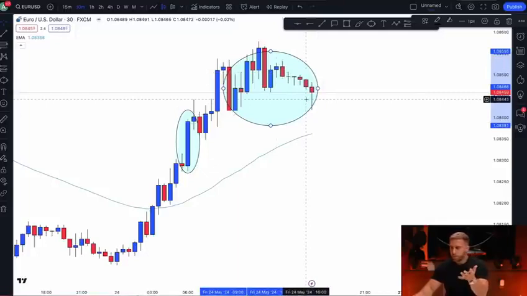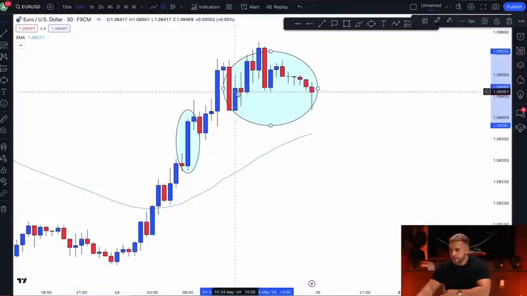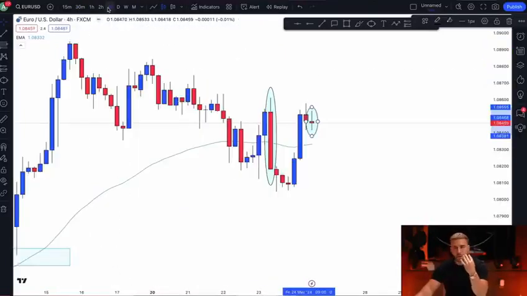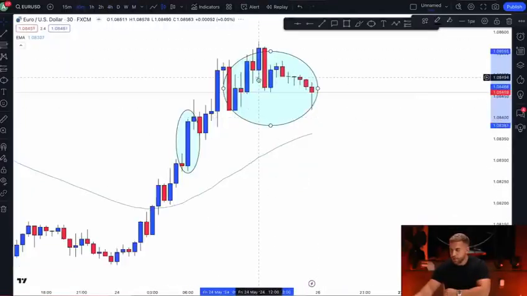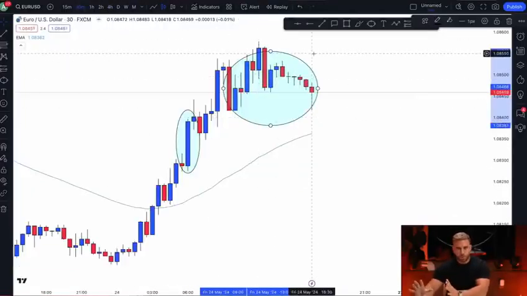Why is that? Well, that is because all of these little 30-minute candlesticks, because now we are on the 30-minute time frame, create this one 4 hour candlestick. So every single one of these 30-minute candlesticks is its own situation, and all of them together create one 4 hour candlestick.